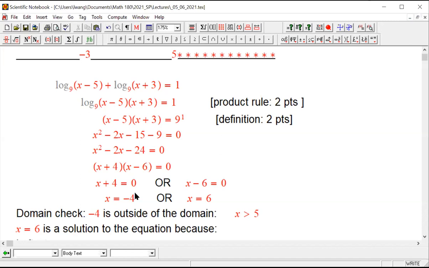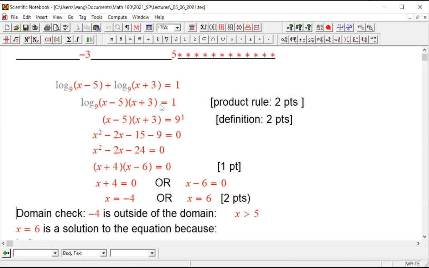And then you go down the steps and then you find 2 solutions, right? So factoring probably will give you just 1 point in this place. Okay, by the time you find these two solutions, each number should be worth 1 point. So 2 points total. Okay, domain check is worth some points.